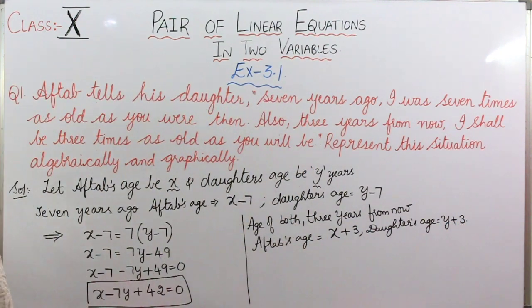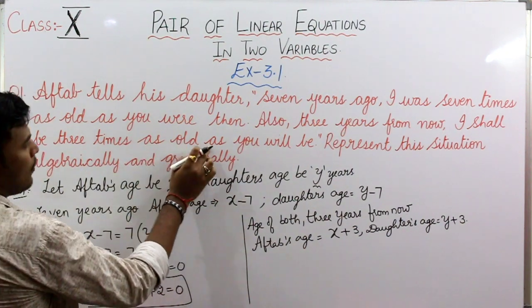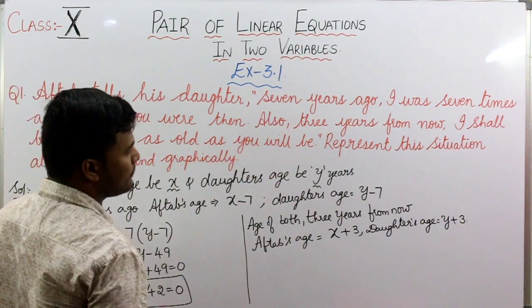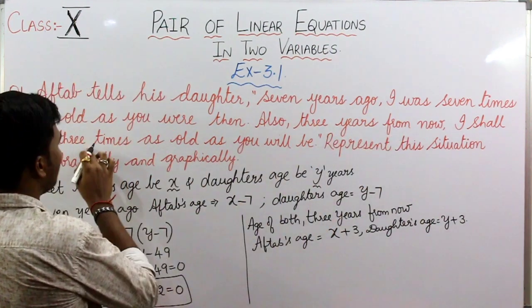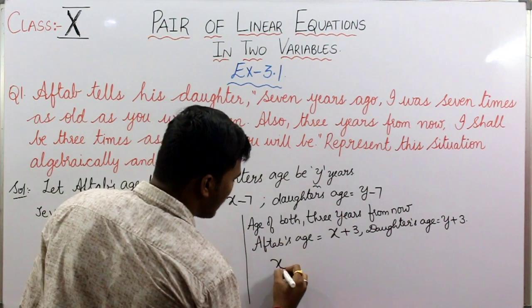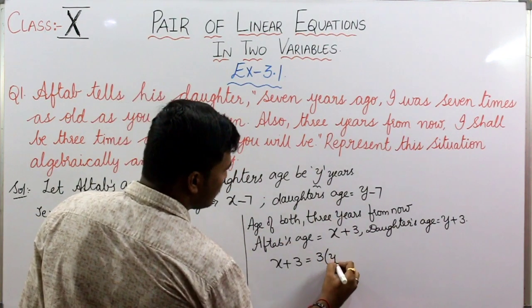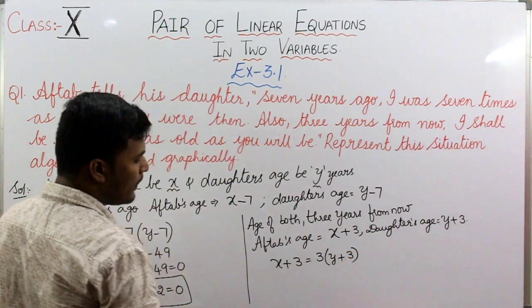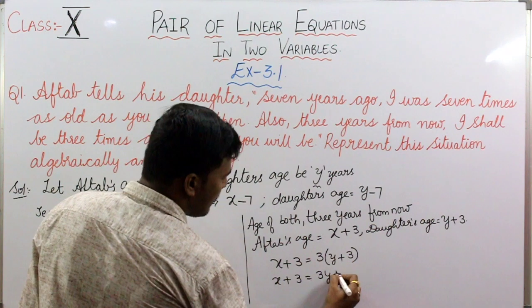What is the condition given to us? I shall be 3 times as old as you will be. 3 years from now I shall be 3 times, that means x plus 3 is equal to 3 times y plus 3. From this, x plus 3 is equal to 3y plus 9.